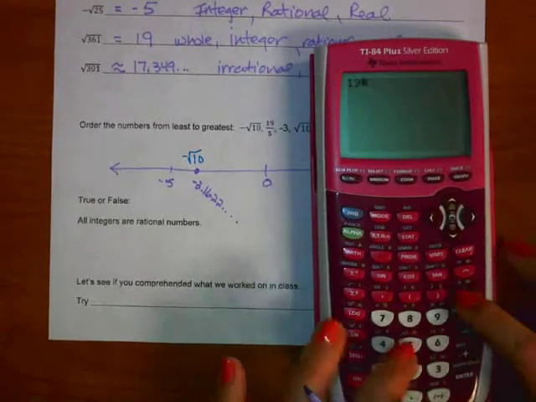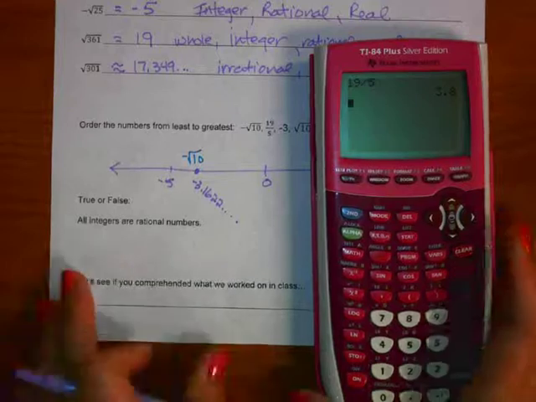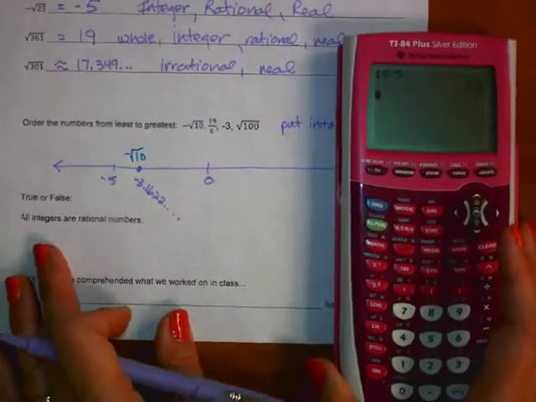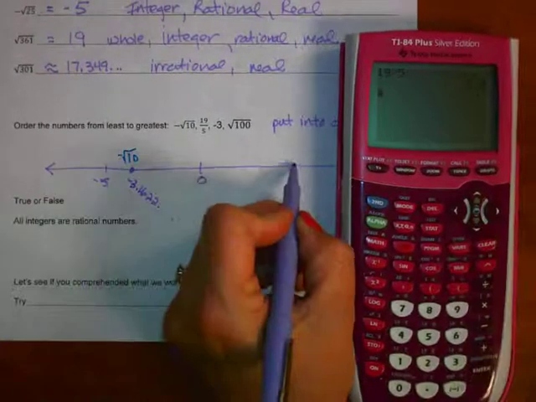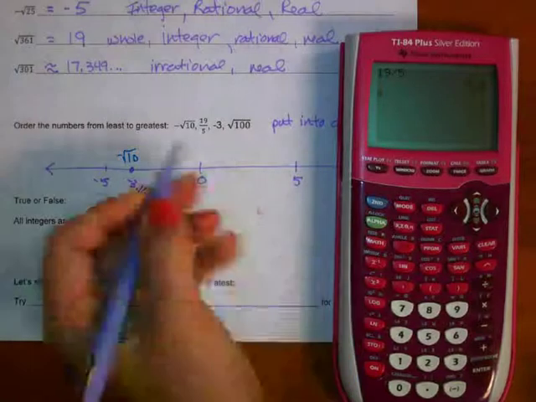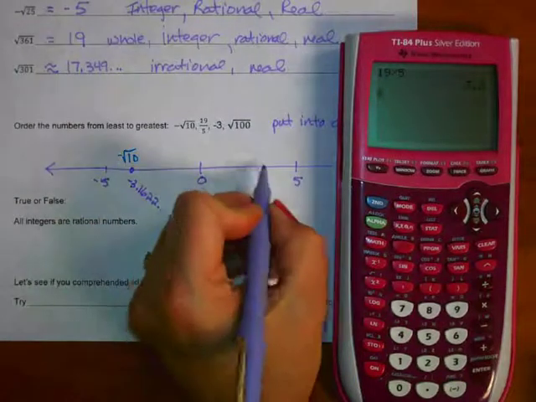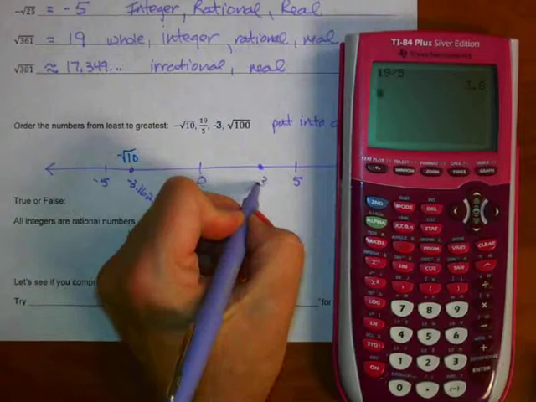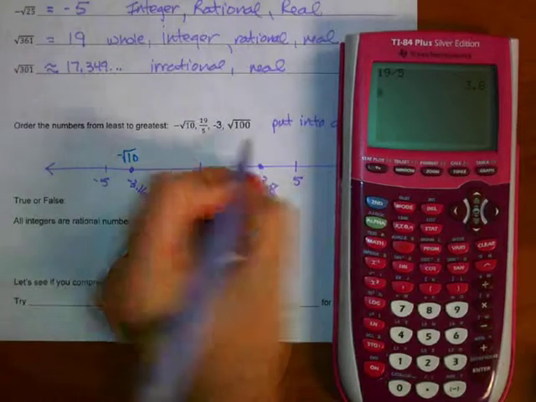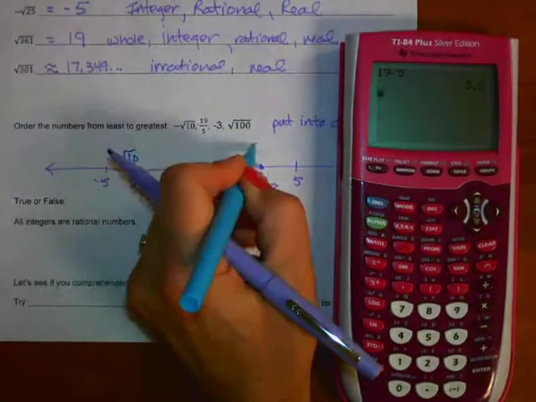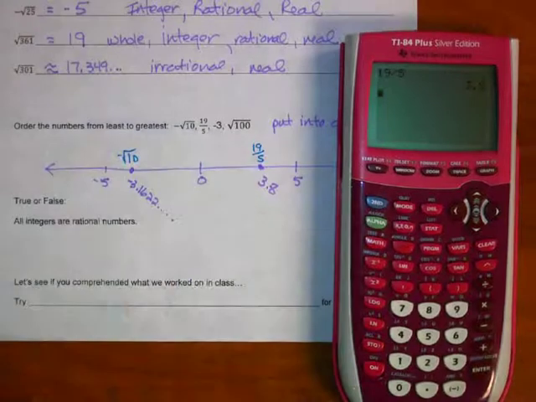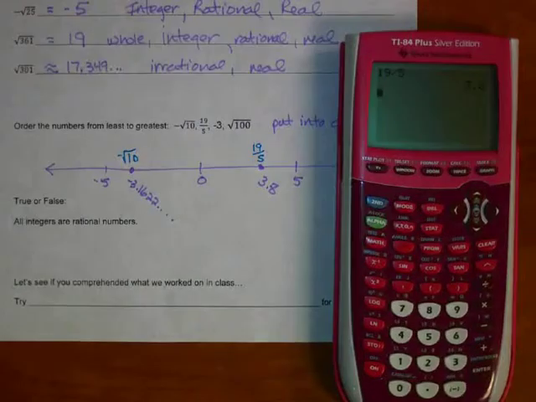Now let's do 19 divided by 5. 19 divided by 5 is 3.8. So I'm going to jump over here. I'm going to put 5 about here, and I'm going to write 3.8 here, which is actually 19 over 5, the original form. You might as well put negative 3 down too.